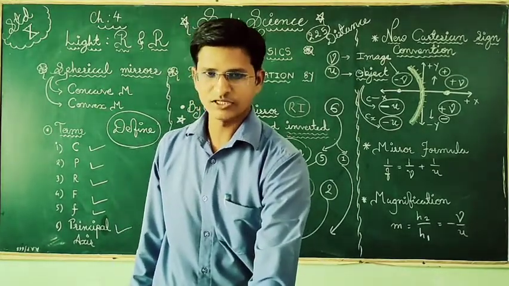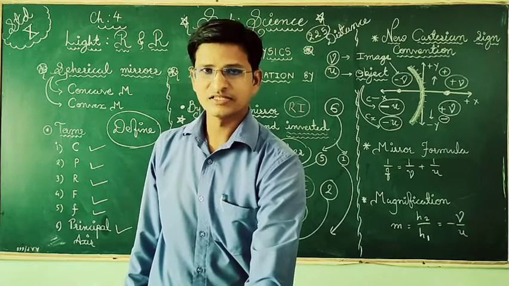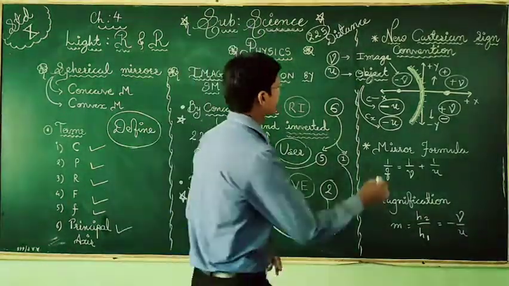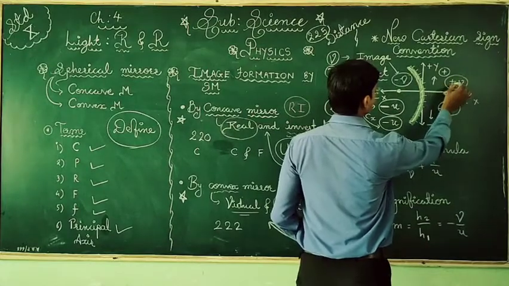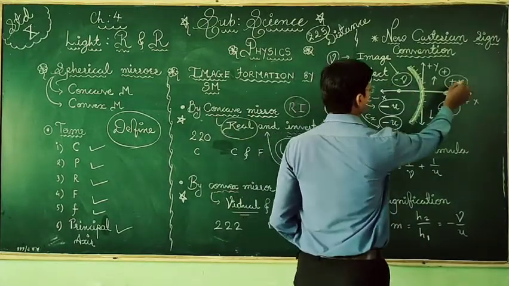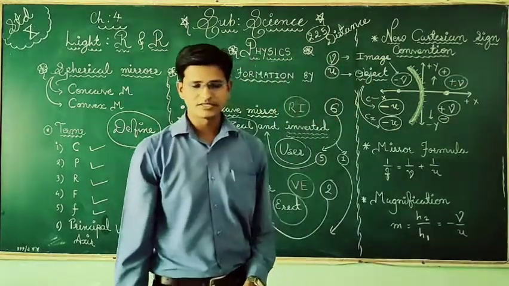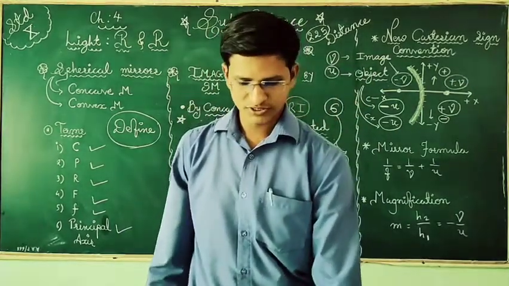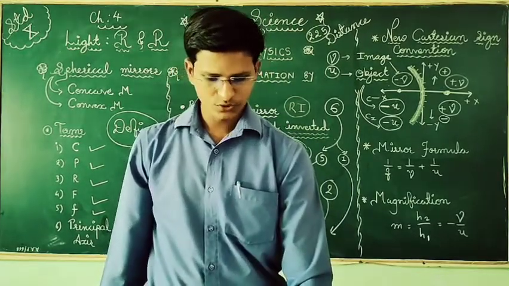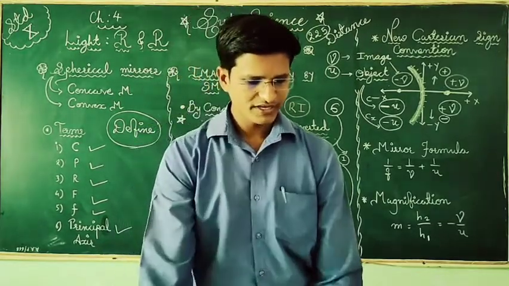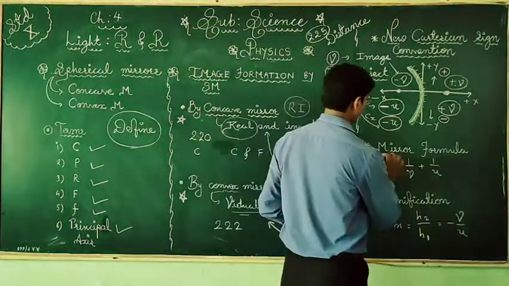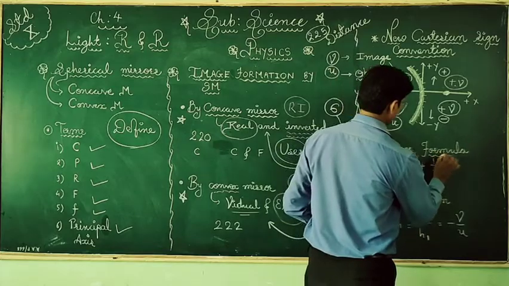Here it will form on this side and here on this side, so this is minus and this is plus: negative, positive. Then the height of the object h1 and image h2. Now, completing this topic, I am going to discuss the mirror formula.